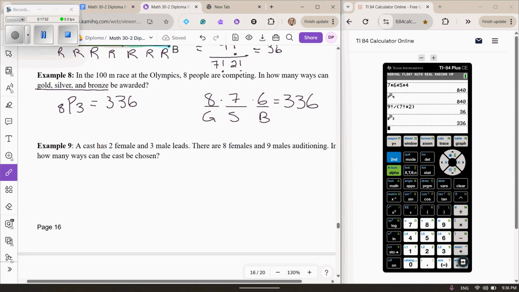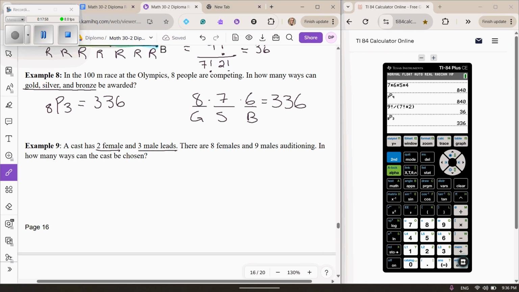Okay, a cast has 2 female and 3 male leads. There are 8 females and 9 males auditioning. In how many ways can the cast be chosen? So I decided to put this question in because it is tricky.